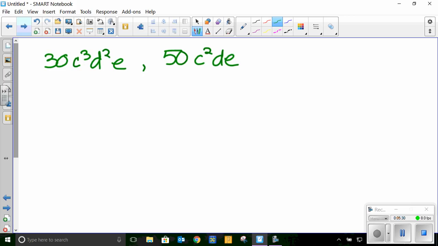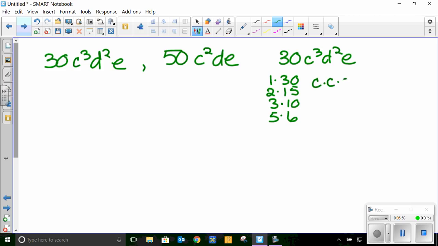All right, so my factors of 30, and I'll go ahead and put the whole thing, c to the third, d squared e. My factors of 30 are 1 times 30. Again, I do the next number, that's 2 times 15, then 3 times 10. 4 doesn't work. 5 does work, 5 times 6. And then 6 times 5 would be the same thing, so that's all of my factors of 30. And then I have 3 c's, 1, 2, 3.